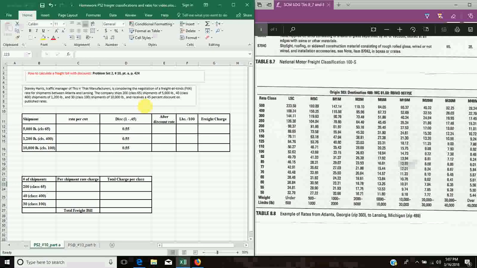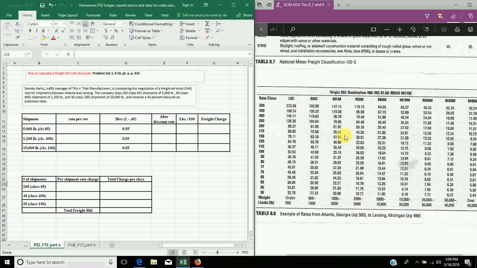Based on what he's been able to do with his shipper, he's able to receive a 45% discount on the published rates. Now, where does he get the published rates? Well, he gets them from over here in your National Motor Freight Classification. Specific rates between Atlanta, Georgia, and Lansing, Michigan.